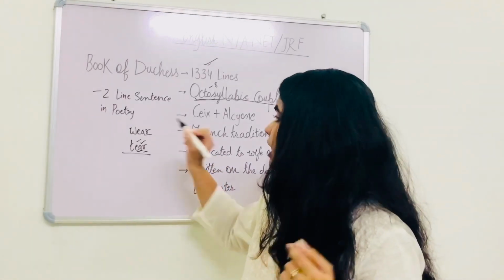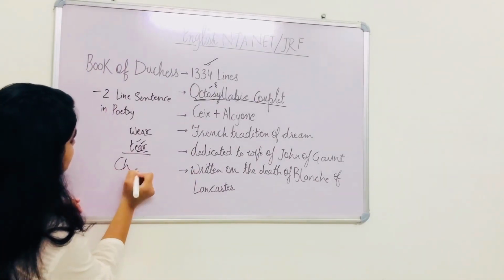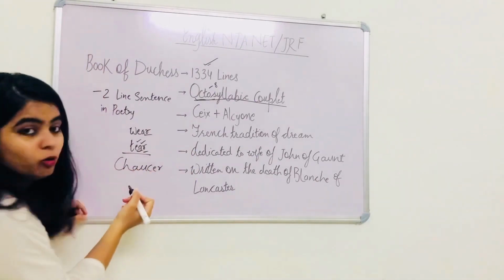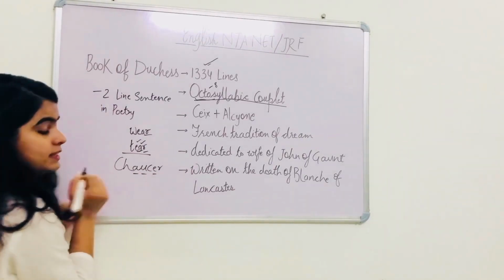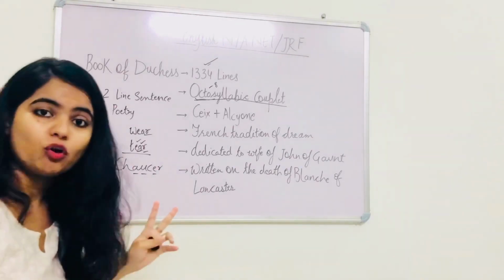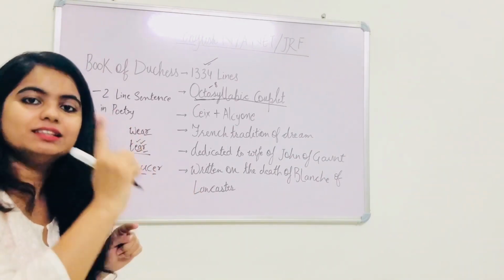But in another word, let's say if I say Chaucer, how many vowels are here? 1, 2 and 3. There are 3 vowels, but the vowels that come together are counted as one single syllable.